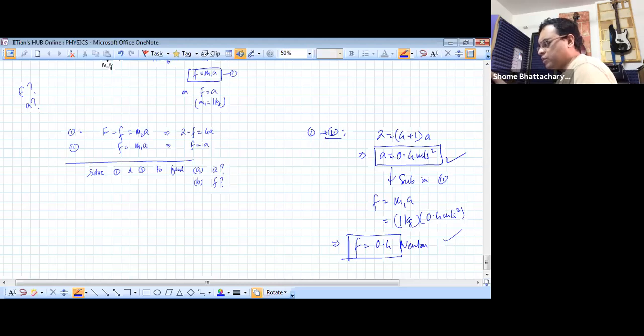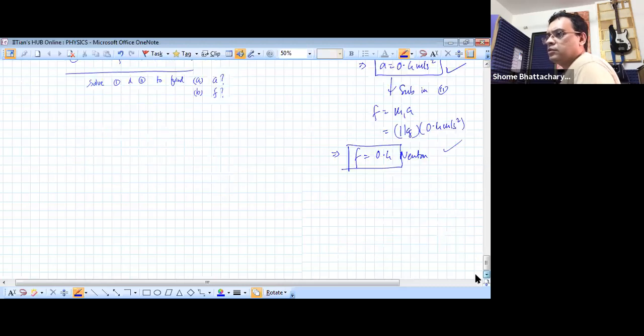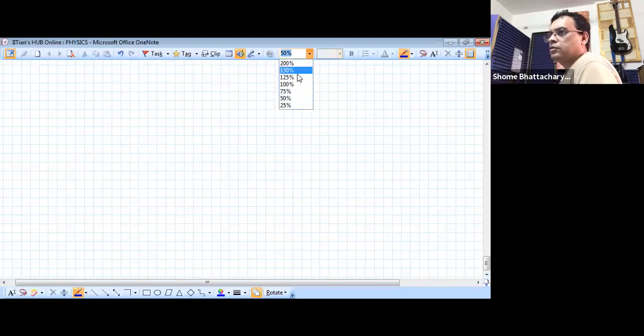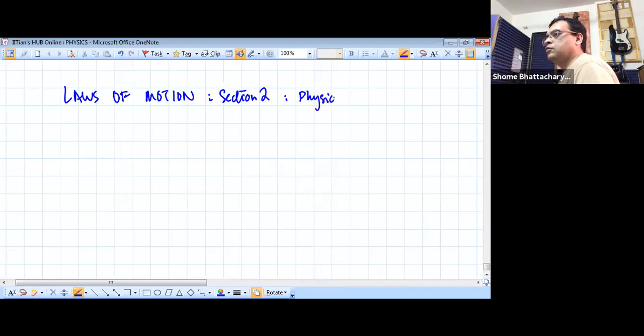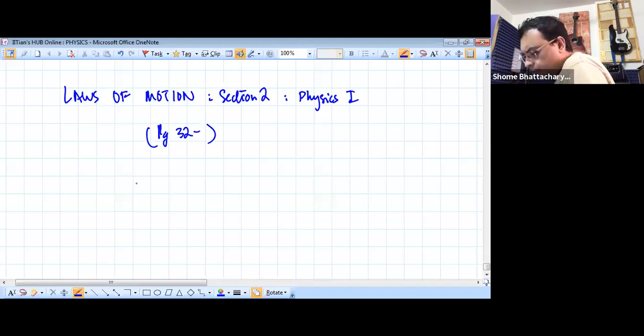Okay, so your force and laws of motion chapter starts on page 32. Laws of motion, section 2 of physics 1 module, page 32 onwards. So in that you can go through the theory portion.